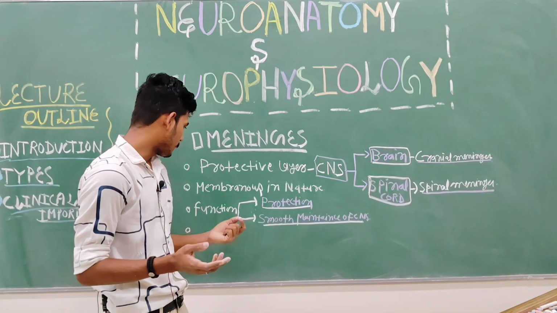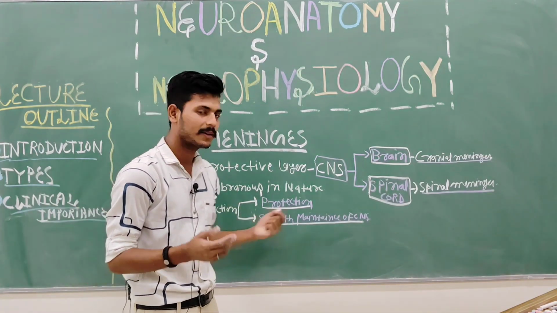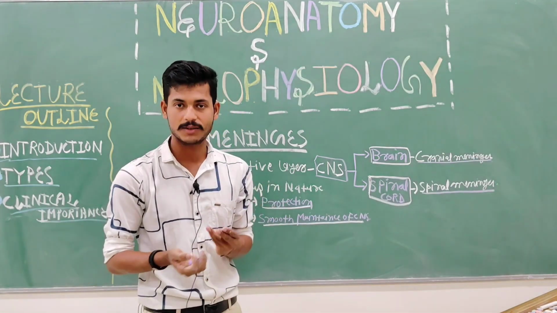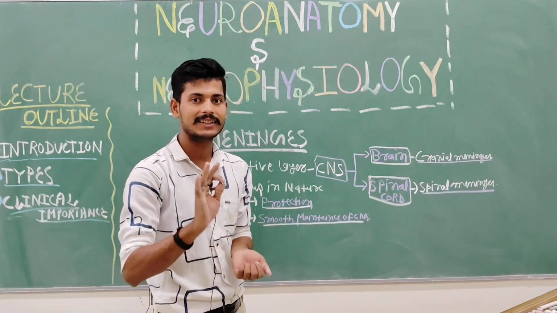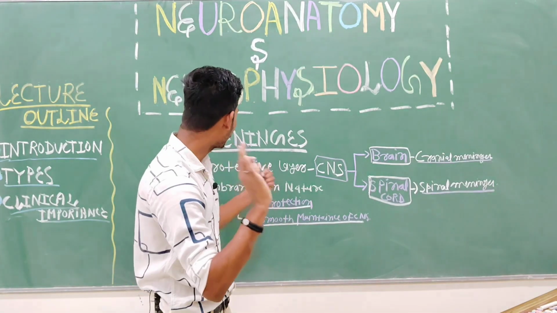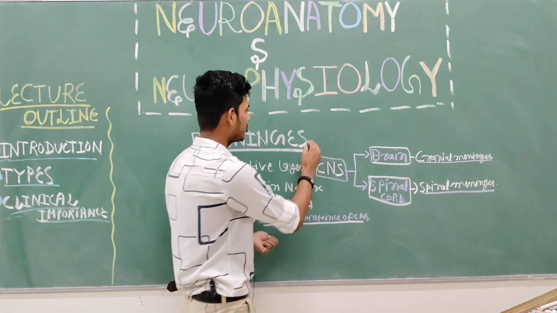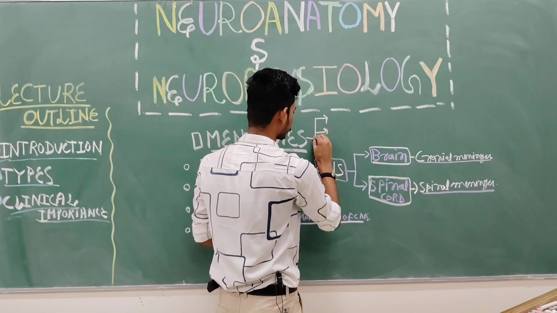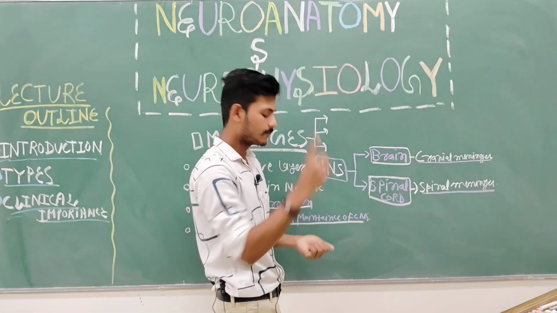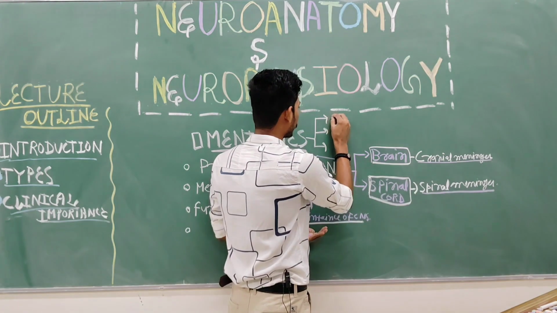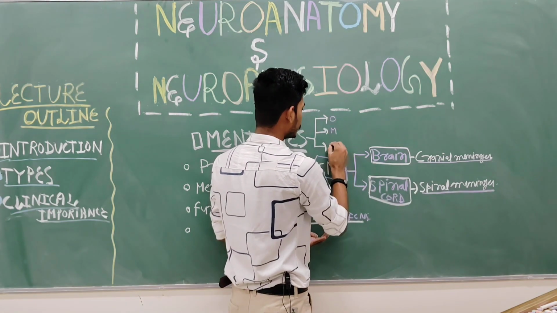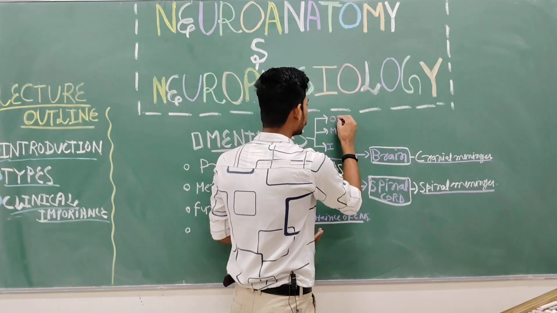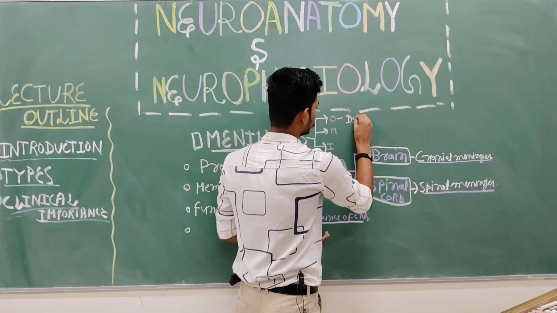Before going to embryology, understand that, as I said, they are membranous in nature. They are not one in number, they are three in number. We are discussing now the types of meninges, and there are three types. You write down on the top, I am starting from outer to inner: outer layer, middle layer and inner layer. The outer layer is called the dura mater.